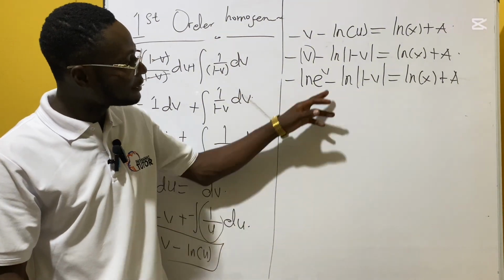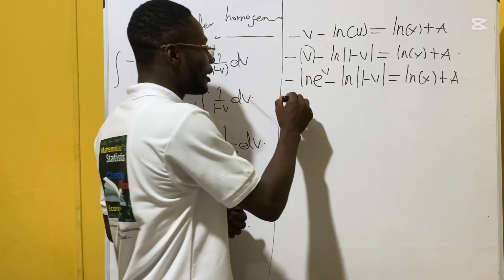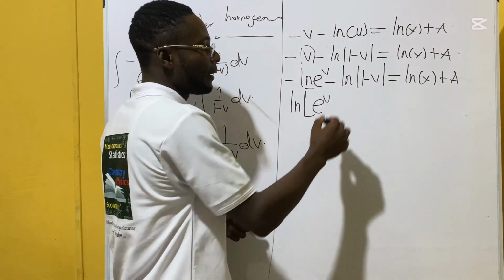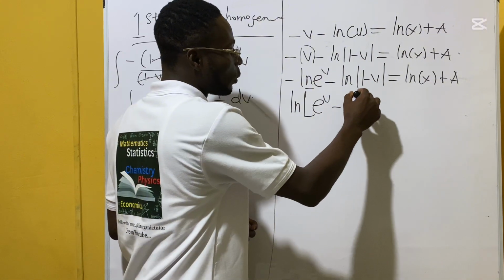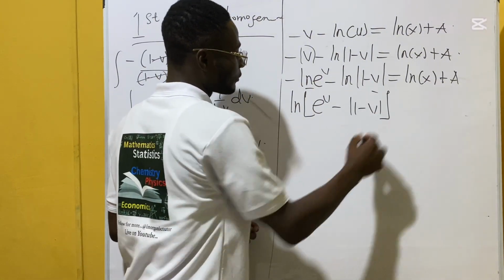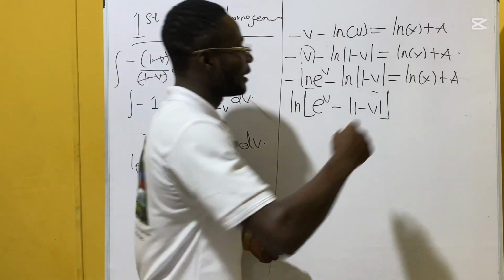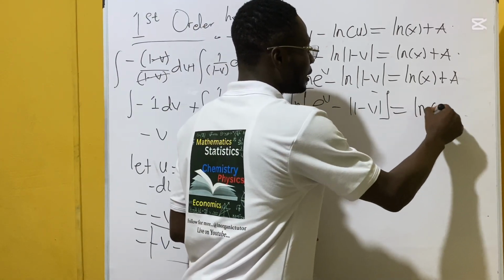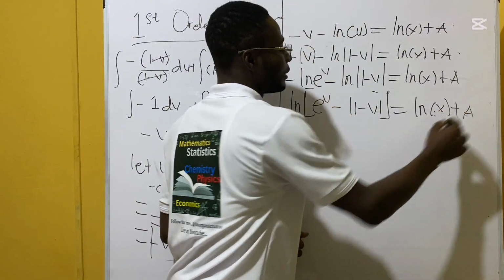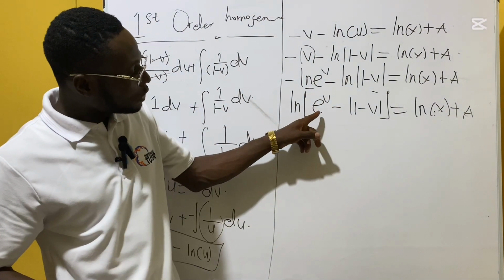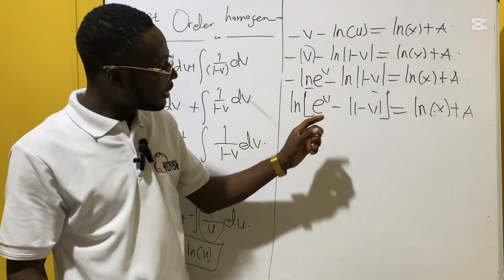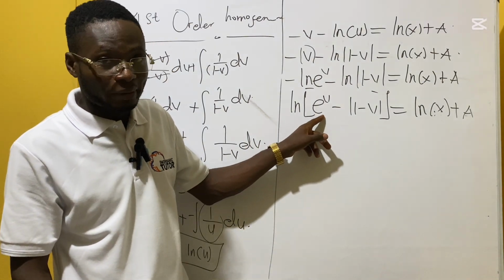When we factorize that out, we are going to have negative ln of e power v times 1 minus v, and that should be equal to ln x plus a.